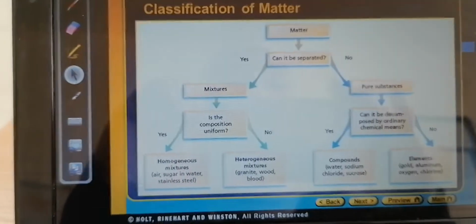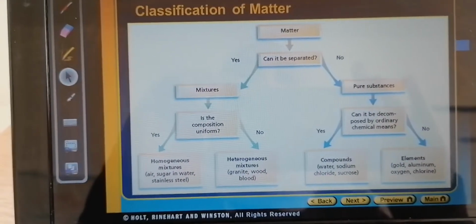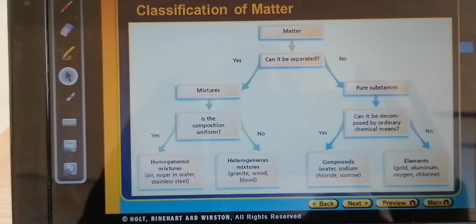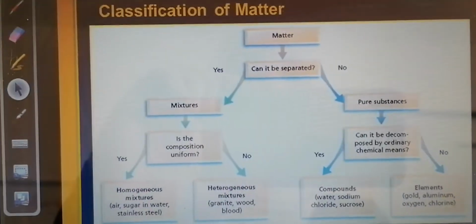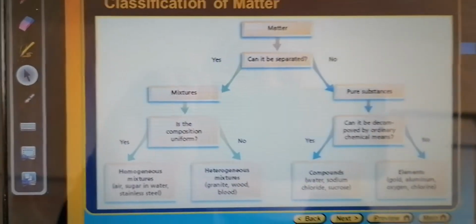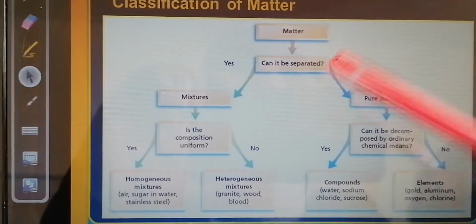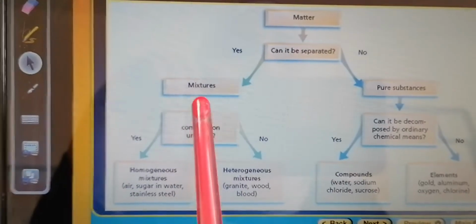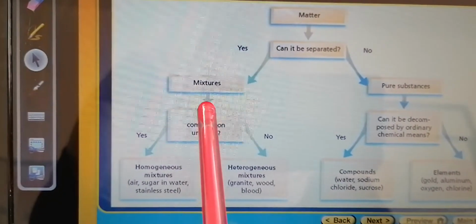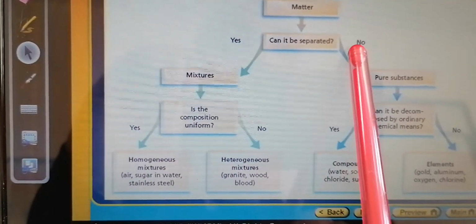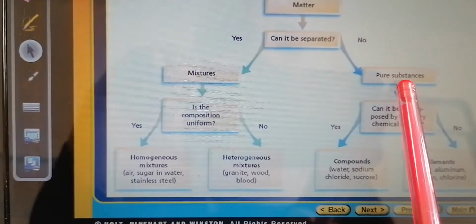Over here, we show you how we classify matter. So as you can see, and this is in your book on page 11, matter is classified into pure substances and mixtures. You're going to ask yourself, can it be separated? If you can't separate that matter, then it's a pure substance.